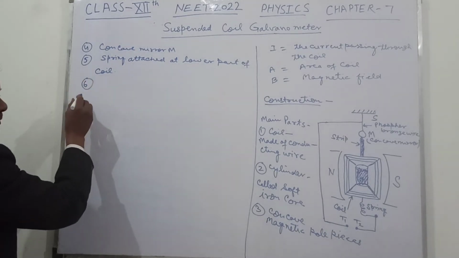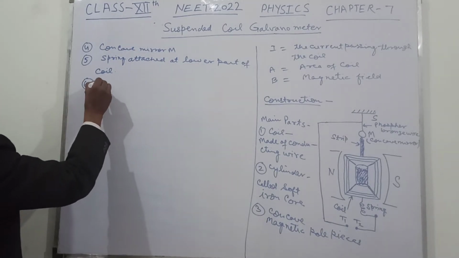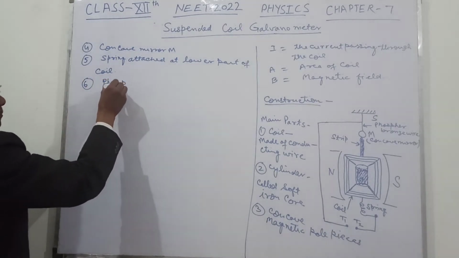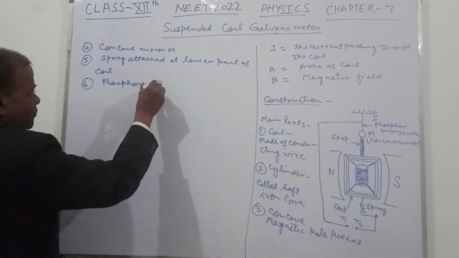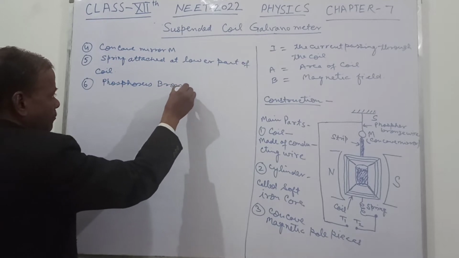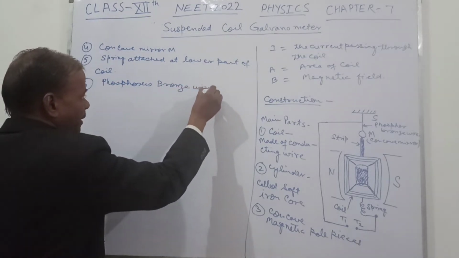Number six is the phosphorus bronze wire.